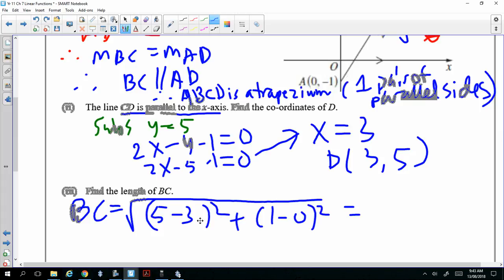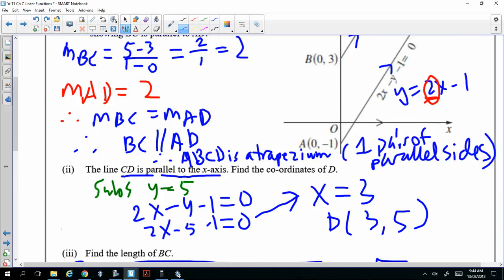And then we have to find the perpendicular distance from B to AD. Let's draw this. Perpendicular distance from B to AD. This distance here, right? So how do we find that distance? Well, what are the coordinates of B? B equals (0, 3).